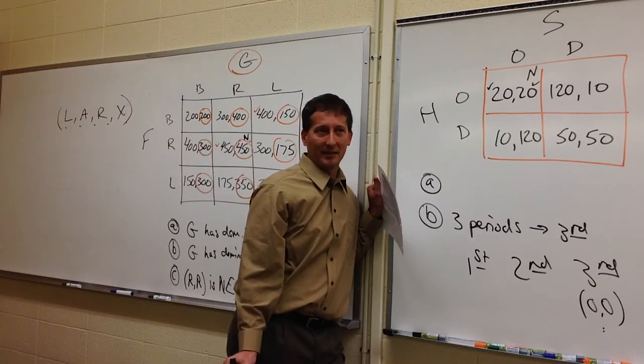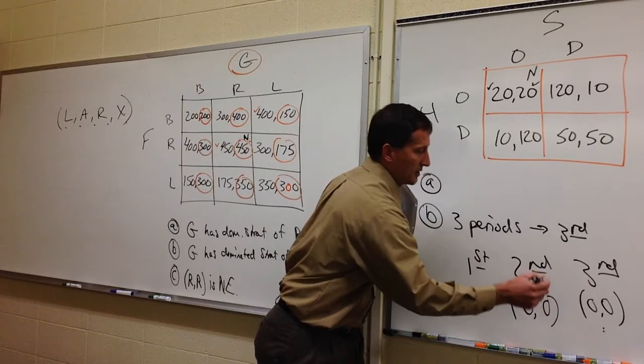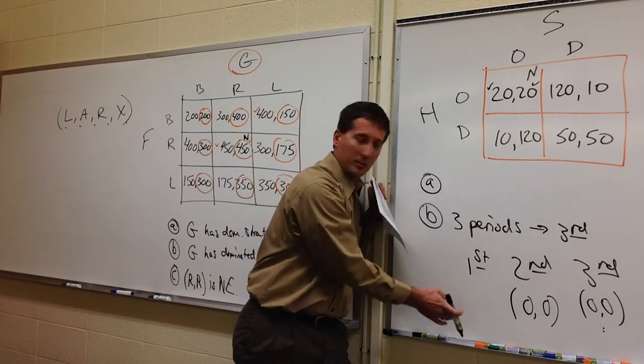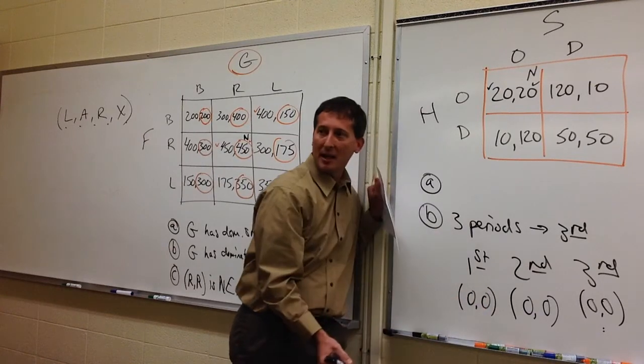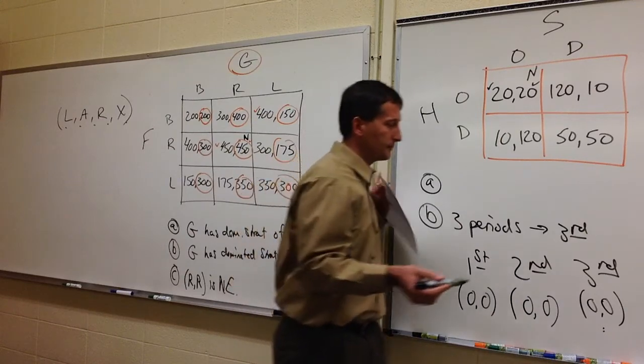They're both going to cheat again. Yeah. So that's using backwards induction. If you know that that's going to happen, it unravels back to the first period, so the optimal way to play this game is to play Nash the whole time. That's the logic of it.